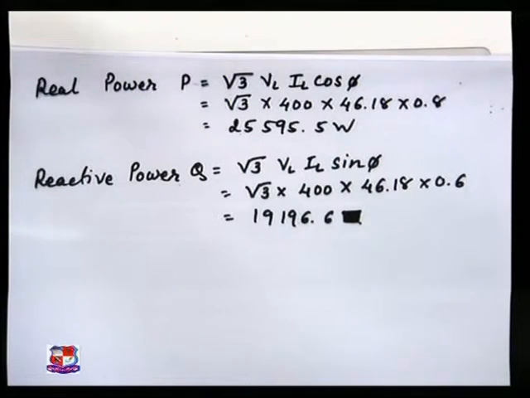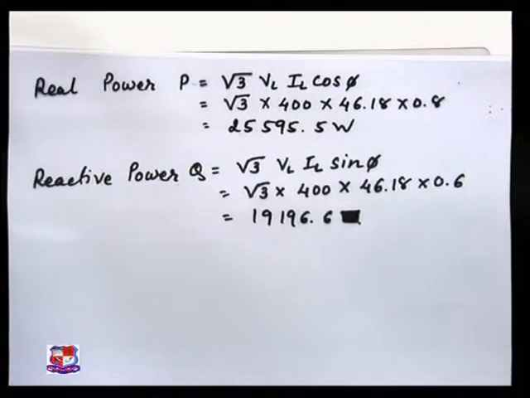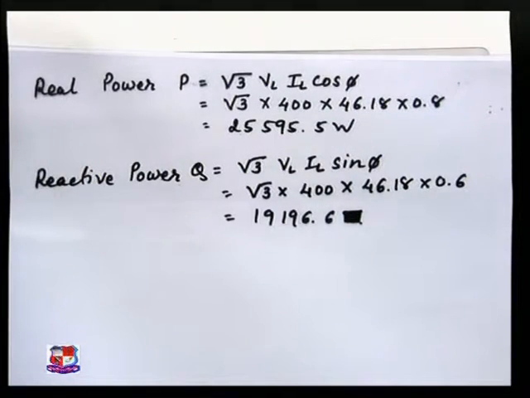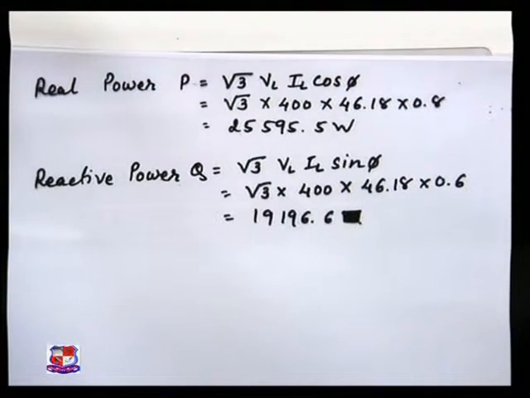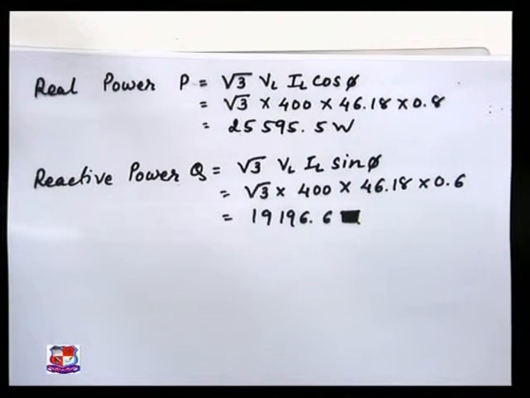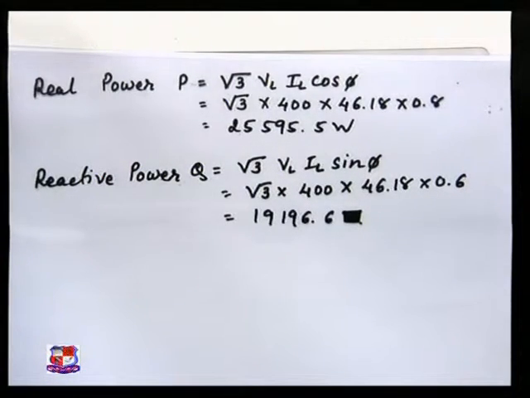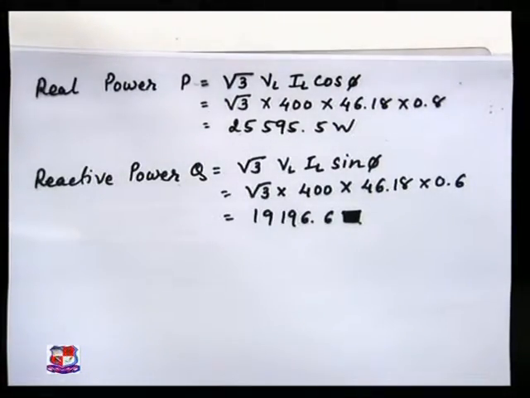Now reactive power, denoted by Q, is equal to root 3 V_L I_L sin phi. So it is root 3 into 400 into 46.18 into 0.6, and our answer is 19,196.6. This is the reactive power for the given circuit.